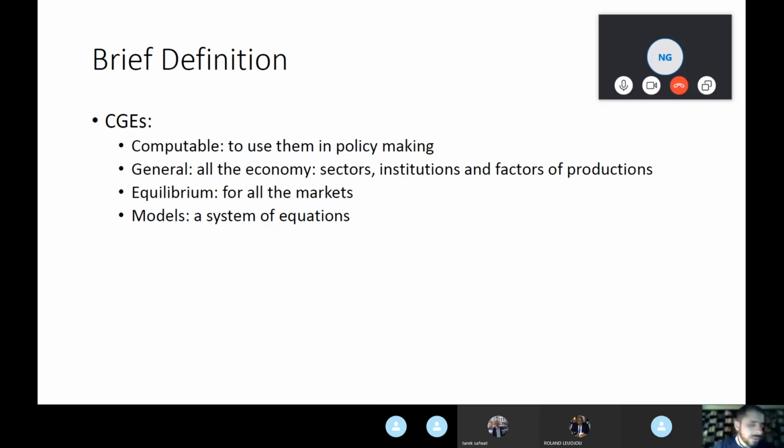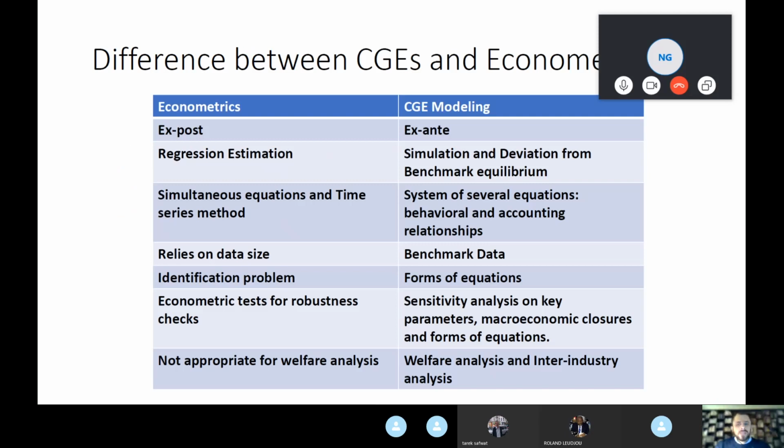This is why we're going to see the list of equations and the list of blocks. And finally, I hope that we'll have time in order to run a simulation and see what kind of analysis we can do with these simulations. Just quickly, the difference between CGE models and econometrics.